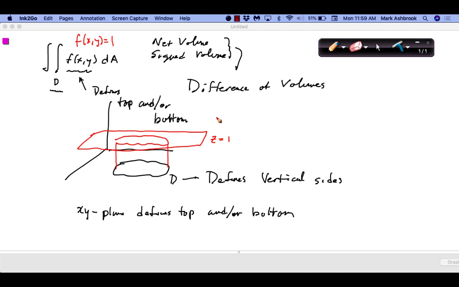So now, how is this whole discussion analogous to triple integrals?